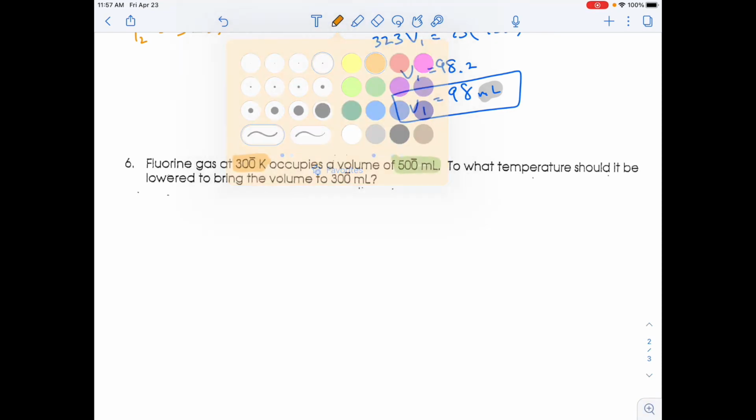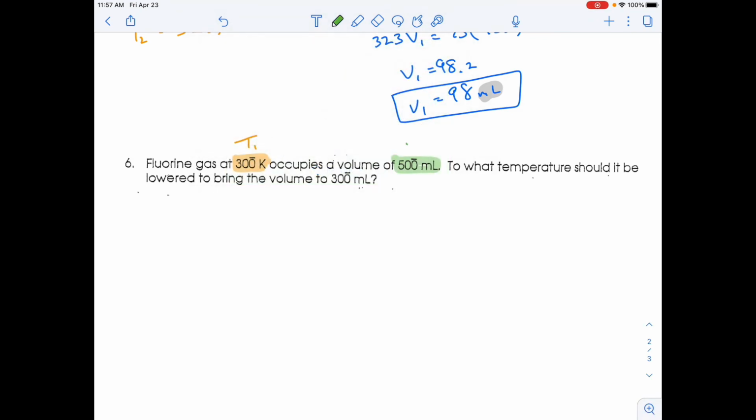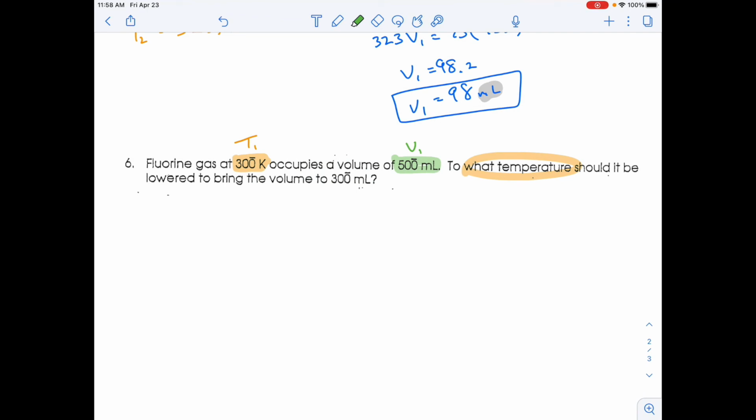And so this is our T1, and this is our V1. They go together. At what temperature should it be lowered to bring it to a new volume? And again, those volume measurements do match. They're milliliters, so that's good. We need that to match. That's volume 2. And temperature 2 is what we're looking for.